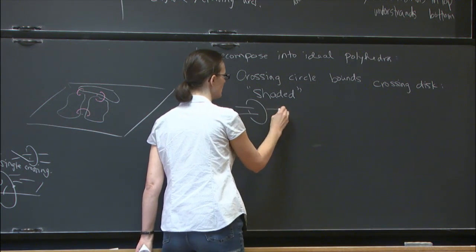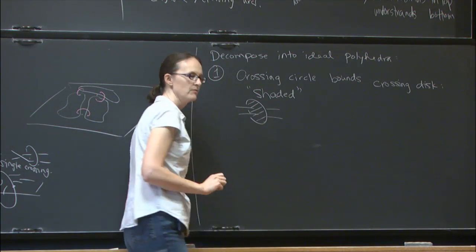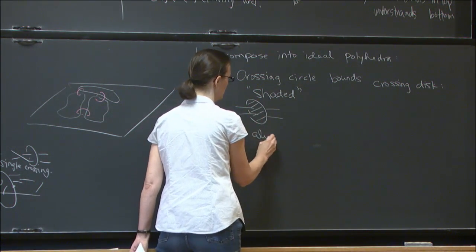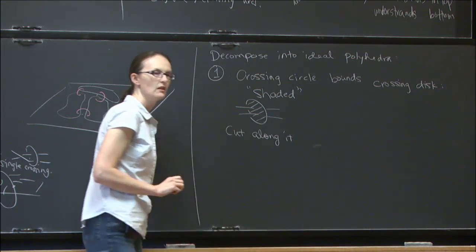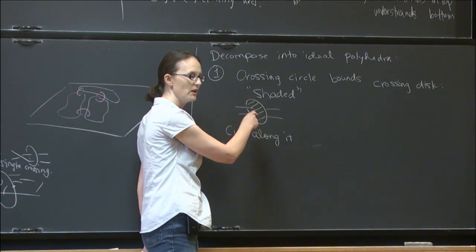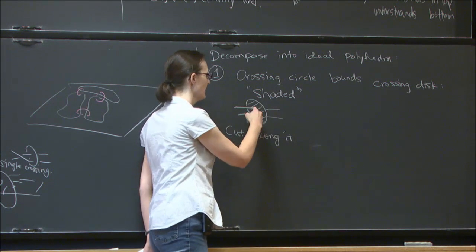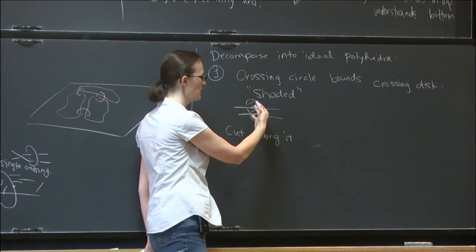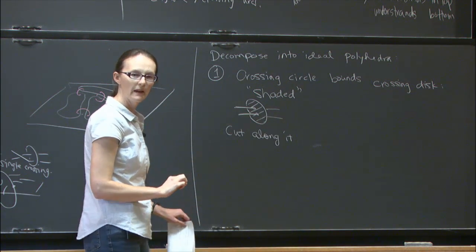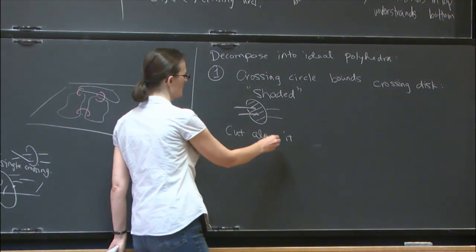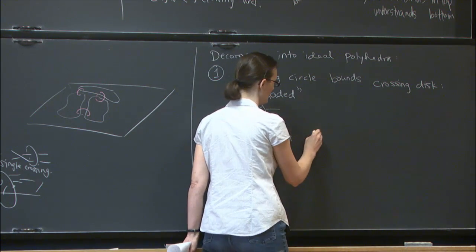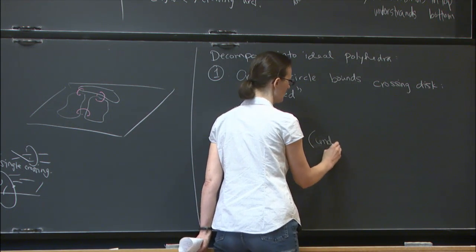So for every one of these little crossing circles, I'm going to shade this in. And then I'm going to cut along it. OK, so you can think of this as a full slice of pita bread. And I've sliced it down the middle. So it's open inside. So you can kind of push it apart from itself. OK? When you do this, after you've cut along it, notice that you can undo single crossings.